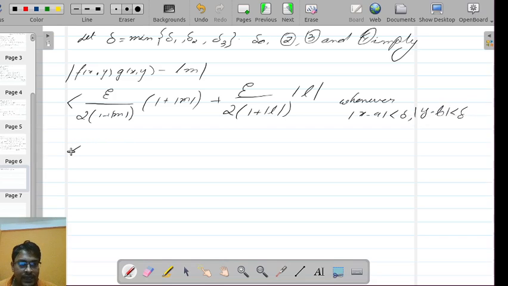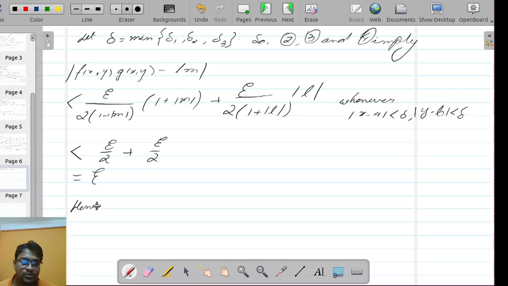So this is again strictly less than, so this first term is actually equal to epsilon by 2, but the second term is strictly less than epsilon by 2. That is why we have written strictly less than epsilon by 2 plus epsilon by 2, that is epsilon. So given any epsilon, we have ultimately found a delta which satisfies that mod of f of xy g of xy minus lm is strictly less than epsilon.